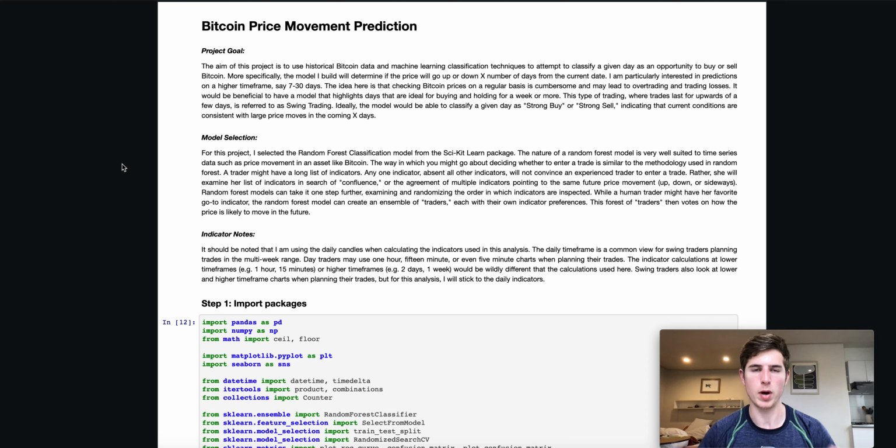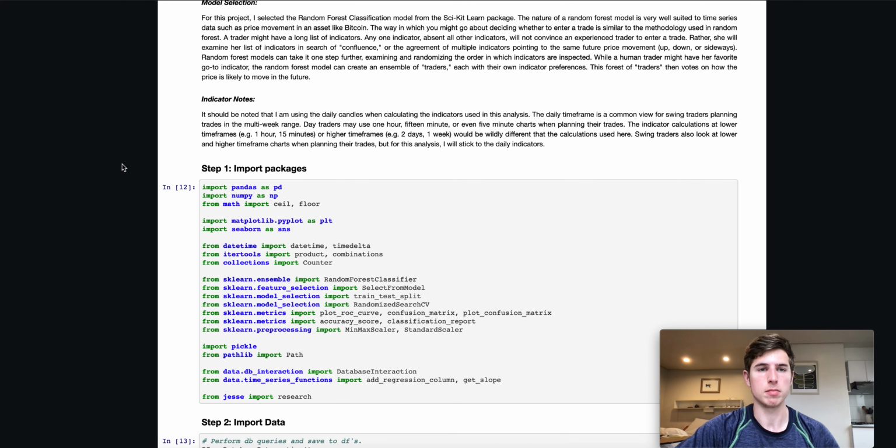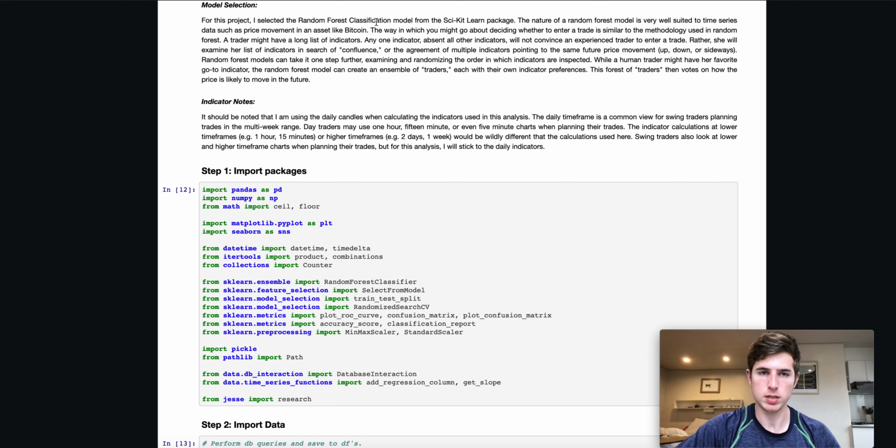If some brand new budding data scientist could build a well-functioning price prediction model for Bitcoin, he probably wouldn't be in a boot camp to learn about data science in the first place. He might be off working at some very profitable company. In any case, I did take my shot here, and what I did was I built a scikit-learn model using random forest to classify whether price would go up or down.